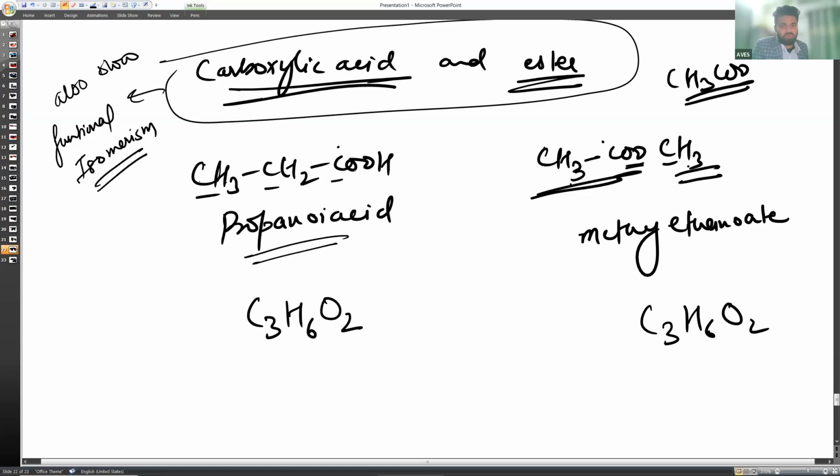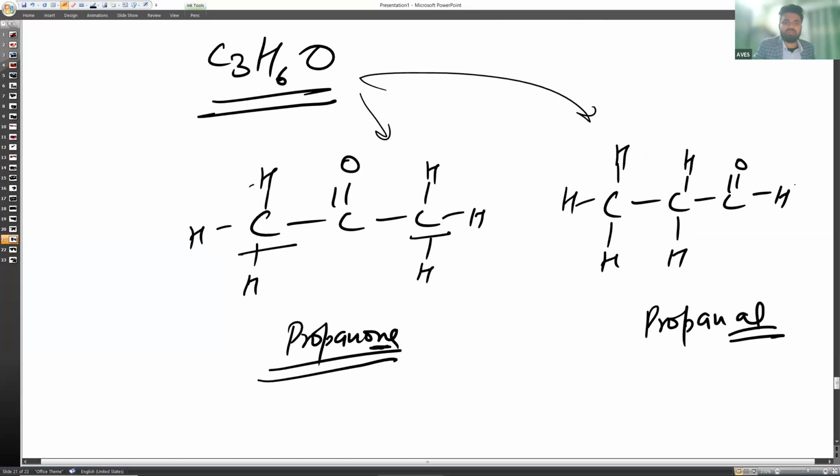Got it? Understood? So esters and carboxylic acids show functional isomerism, and similarly ketones and aldehydes show functional isomerism.